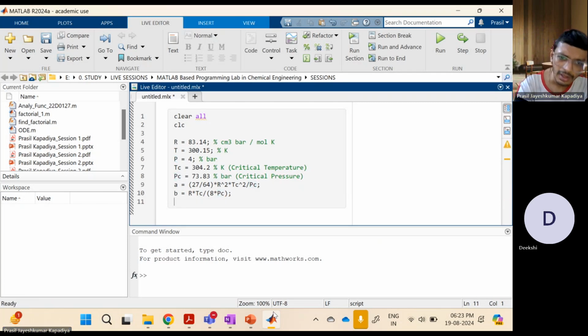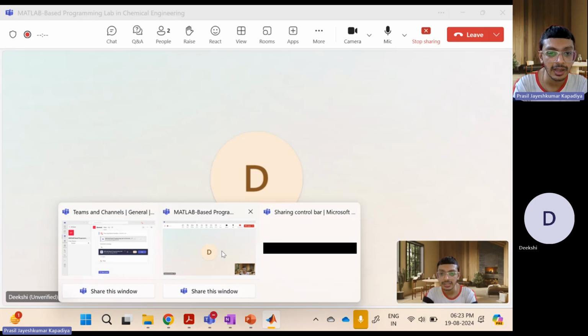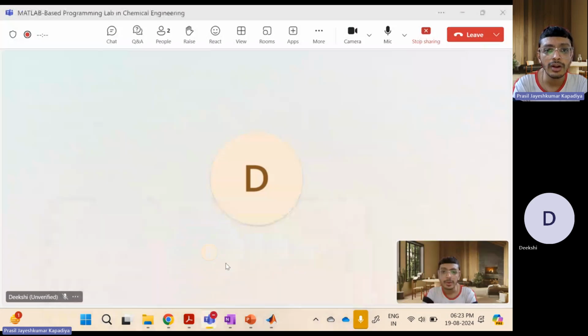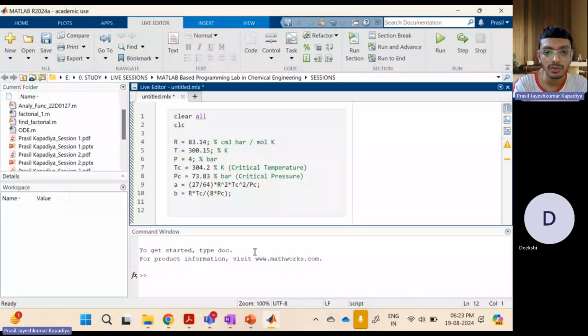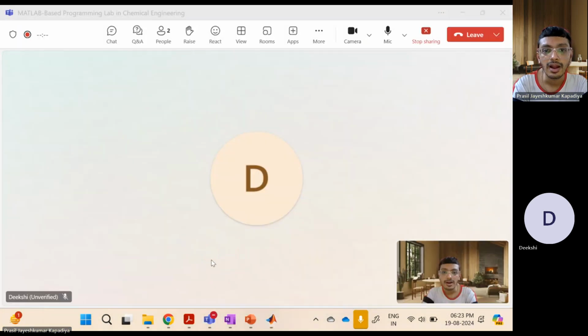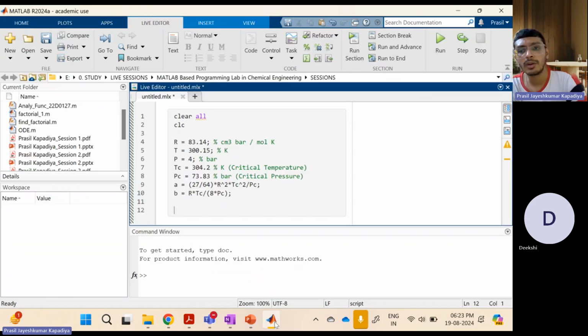Now I need to solve this equation of state, correct? Does anyone remember how we solved it last time using the f0 command? We can use the f0 command. Let me show you our documentation again. We are just getting familiar with this.